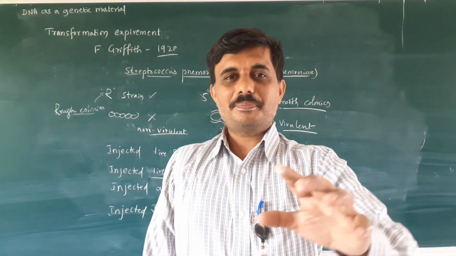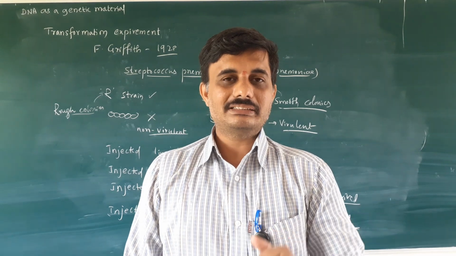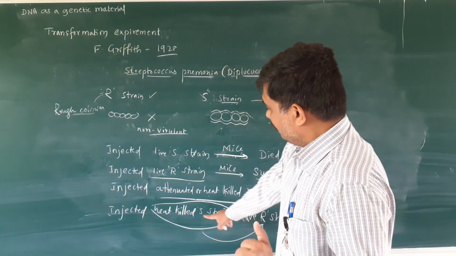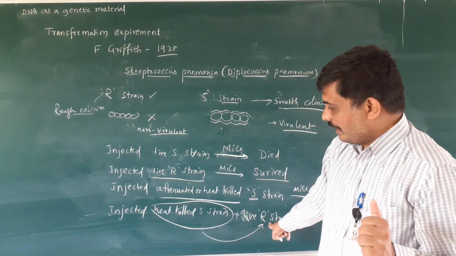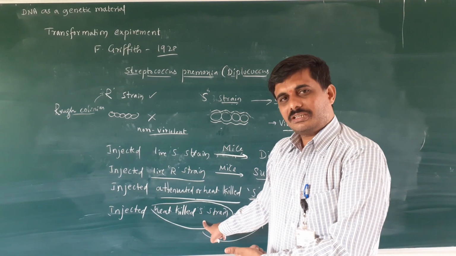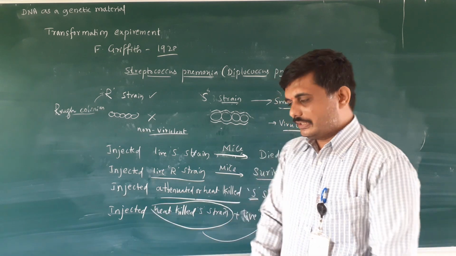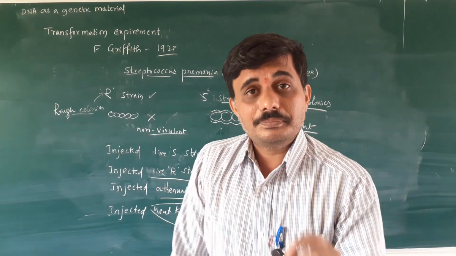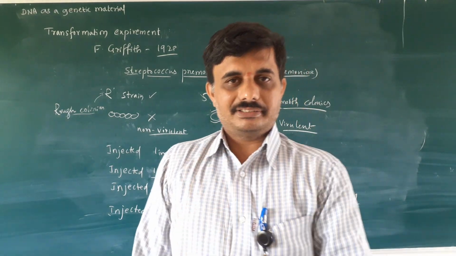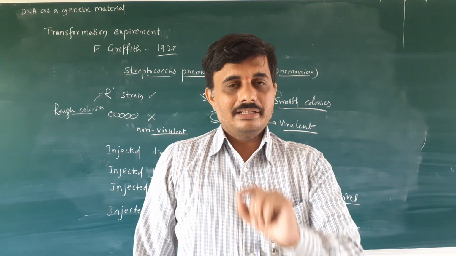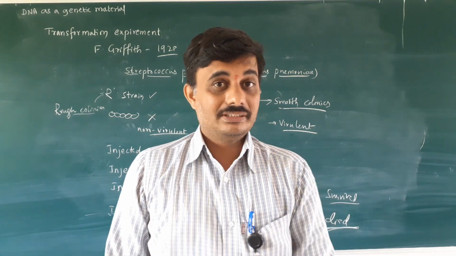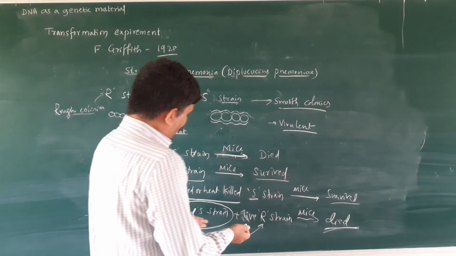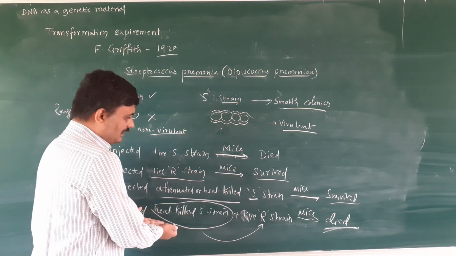It surprised him why the mice died. It raises the question: why did the mice die when the non-virulent strain and the heat-killed strain, which lost the capacity of pathogenicity, were both injected? Then he observed the blood of the dead mice. He found live strains there, though he had not injected the live S strain.